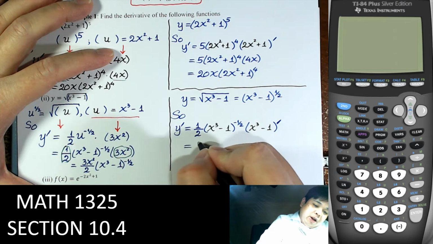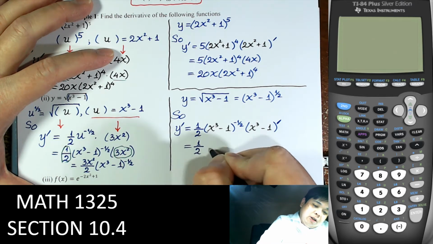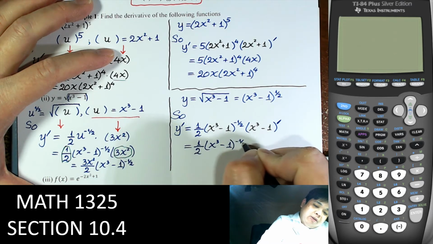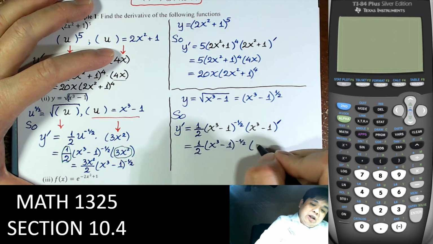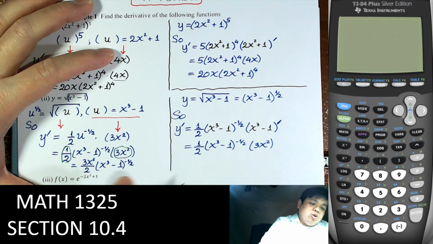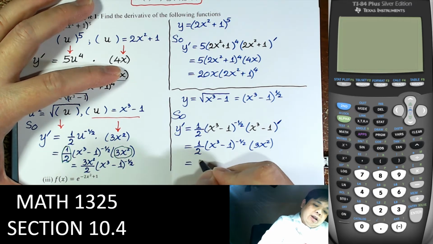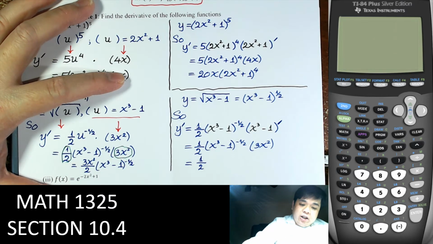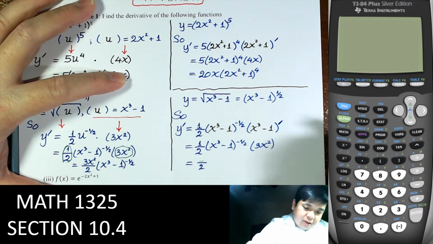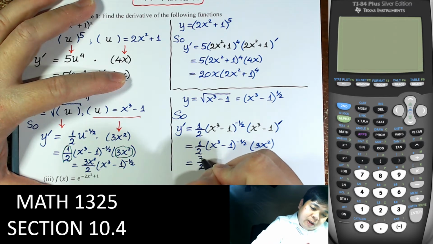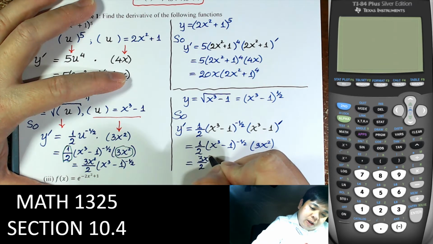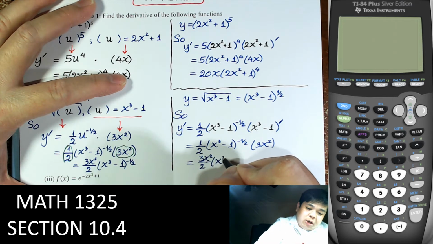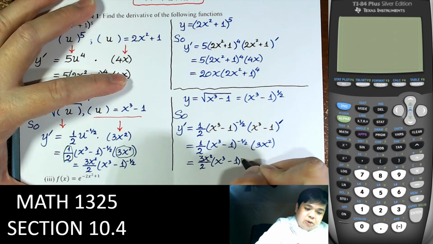So we have 1/2 times x cubed minus 1 to negative 1/2, and that will be times 3x squared. And of course we have the same thing as before: the 3x squared multiplied on the top, and then x cubed minus 1 to negative 1/2.